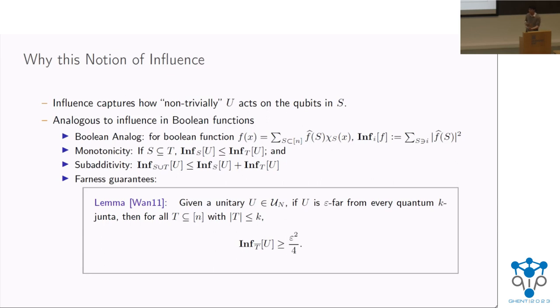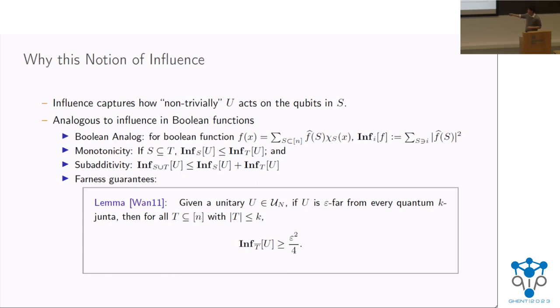The reason this is natural is that it has a lot of interesting properties that are analogous to Boolean functions. For a Boolean function, you can define the influence in the following way, and the form of this influence is very similar. In particular, there are a lot of nice properties that follow from this notion of influence.